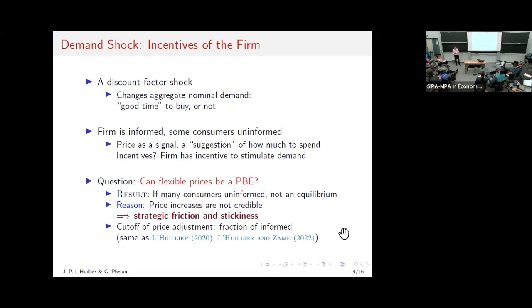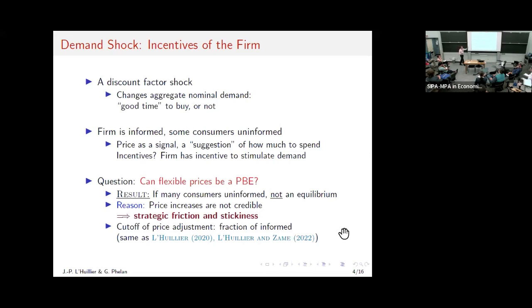So what happens in the demand shock case, and what are the incentives of the firm in the demand shock? The demand shock is going to be modeled in a very standard way, as a discount factor shock. And this discount factor shock is going to change aggregate nominal demand. For the purpose of the exposition, let me talk about the effects of the shock as determining whether it is a good time to buy or not.